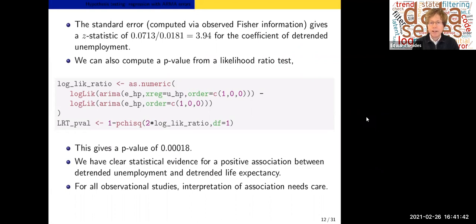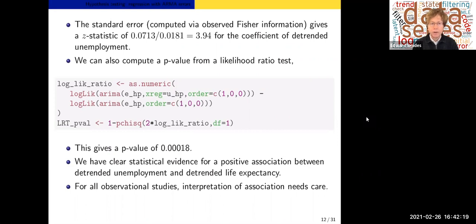Remember that standard error is computed via observed Fisher information. The arima function numerically calculates the second derivative of the likelihood and uses that to calculate the Fisher information, which gives a standard error, and then we divide the estimate by the standard error. That gives us a Z statistic, which is 3.94. Well, that's a whole lot bigger than the usual Z test threshold for statistical significance, which is around about 2. So we think it's quite clearly significant.